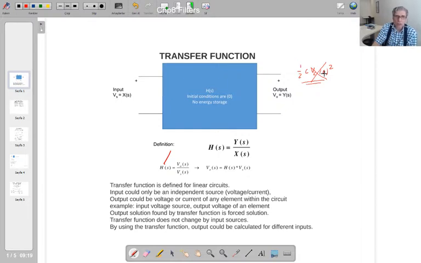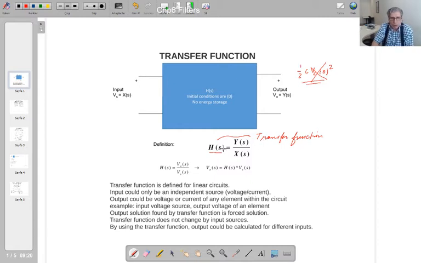Under this condition, if you divide the output function Laplace transform by the input function Laplace transform, the output function as seen here is Y(s), the input function is X(s). So the ratio of those two gives the transfer function. That is the transfer function. So that's the definition.